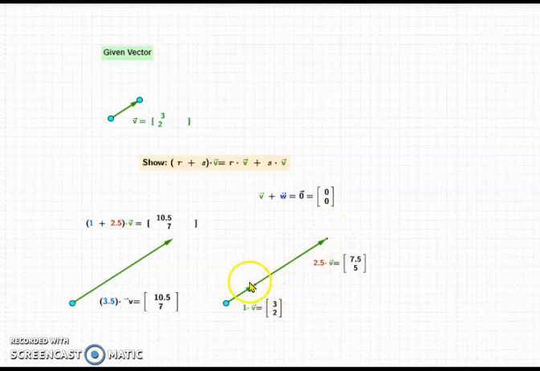This one also is scaled 2.5 times. 2.5 times this vector. So mas humaba siya ng 2.5 times compared to this one. And the result is still the same as this vector here. They have the same components also, right?